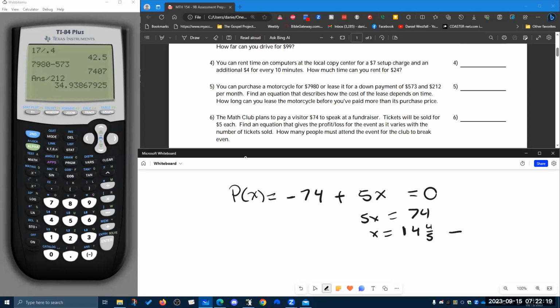So we need to always round up in this situation because we need to sell the next ticket to make enough to pay for the cost of the speaker completely. So we need to round up to 15. We need to sell 15 tickets.